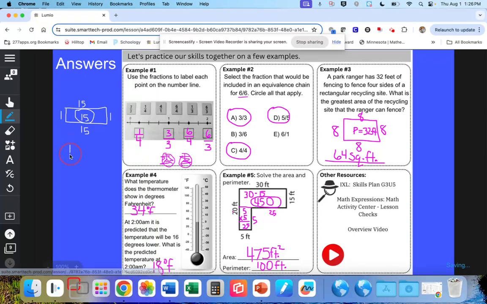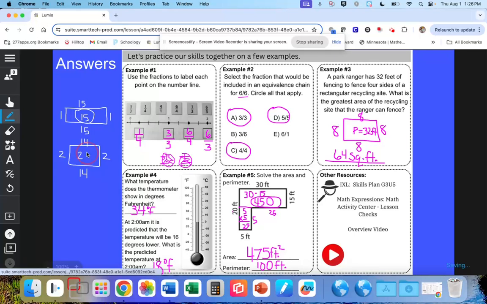Okay, we're going to make a slightly taller rectangle and give it 2. So if I have 2 and 2, that would be 4. Take 32 and subtract the 4, I'm left with 28. 28 divided by 2 is 14. So I would have a 14 on top, a 14 on the bottom.